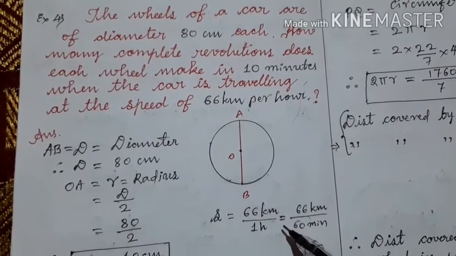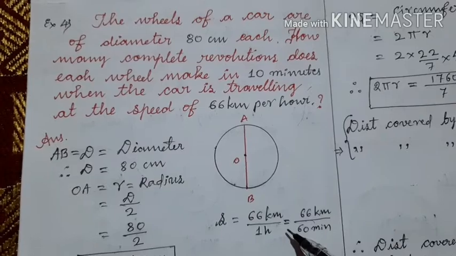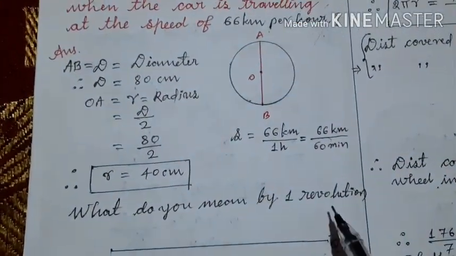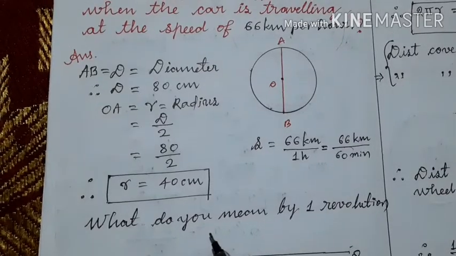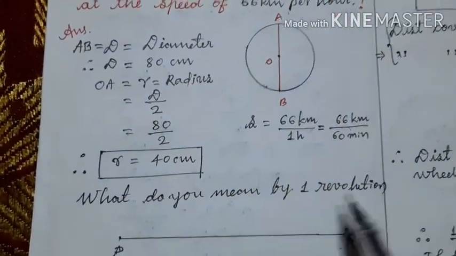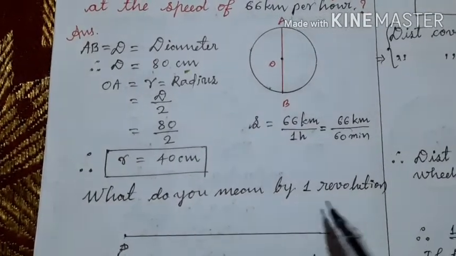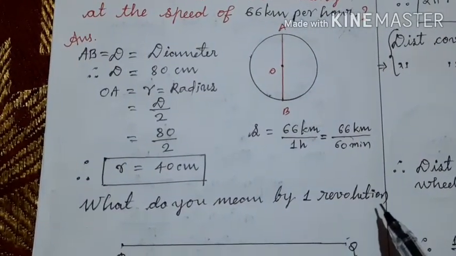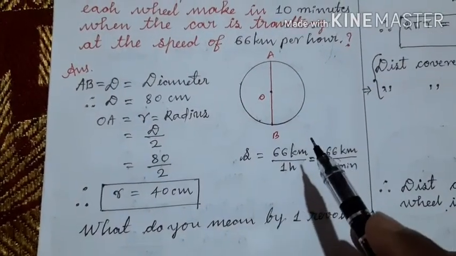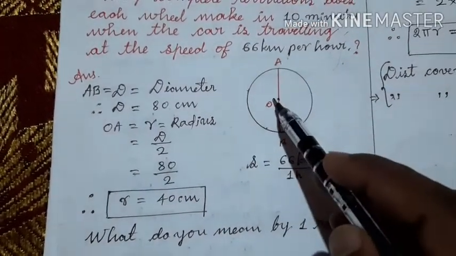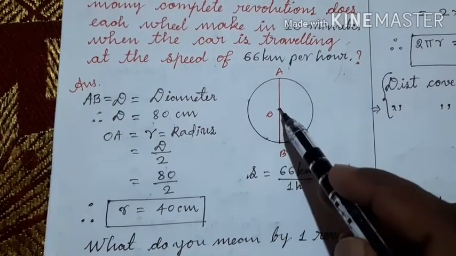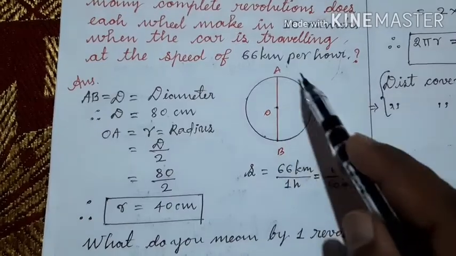Okay, and now we should understand the meaning of revolution. Okay, what do we mean by one revolution of the wheel? One revolution means if the wheel rotates about its center and makes one complete rotation, then we call it one revolution.